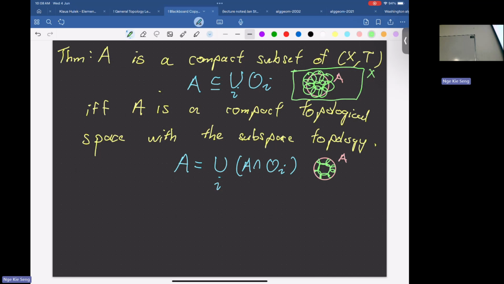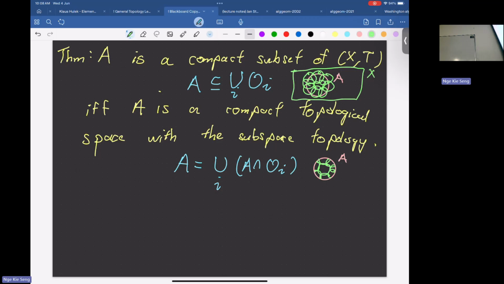So the statement here is that if you can find a finite subcover for every open covering in the compact case, it is also true if you view A with the subspace topology. Is it clear why from this picture? If you start from one picture, you have an open covering, and then there's a finite subcover that covers it.